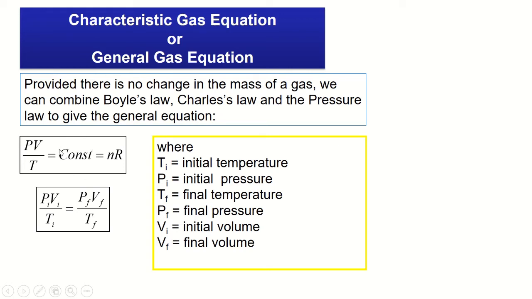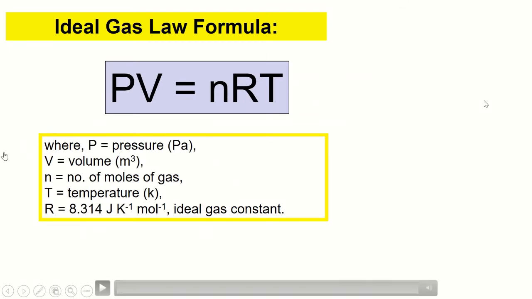And we have also studied in the last slide the ideal gas law equation, that is PV equal to nRT. So if I take this T from here and change its side, then this T will come to this side.